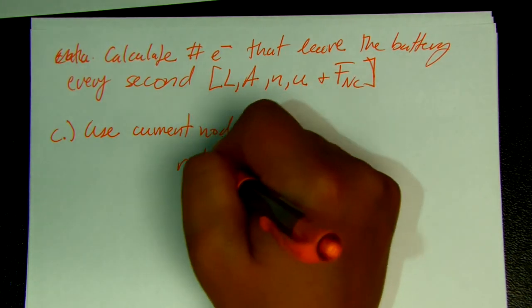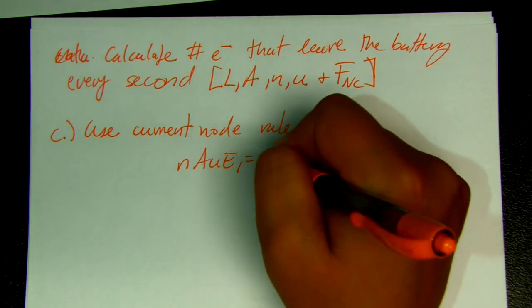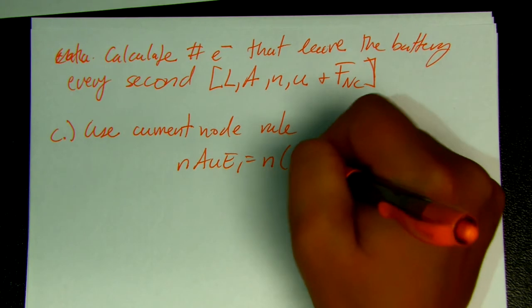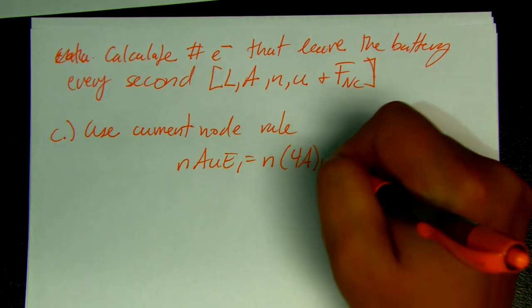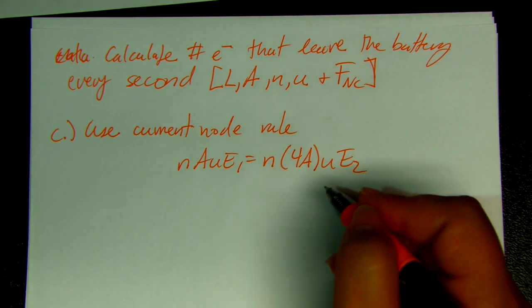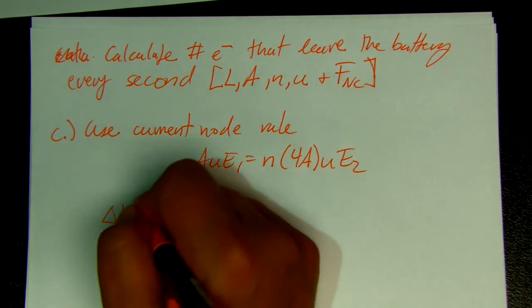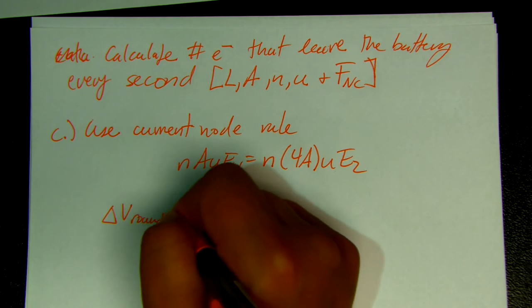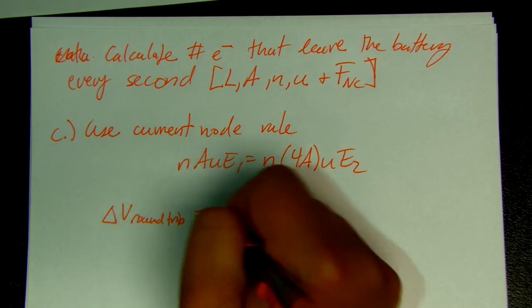So N A U E1 is going to be equal to N 4 times the cross-sectional area U E2, because we know that second electric field will scale accordingly. And delta V round trip is 0.